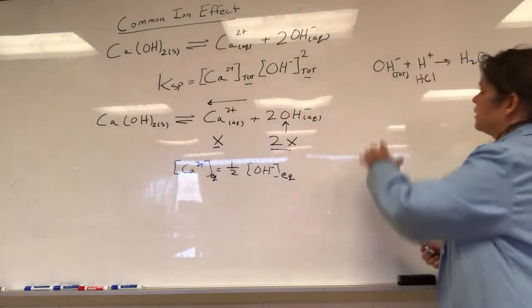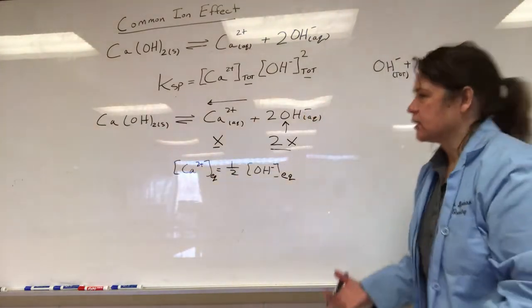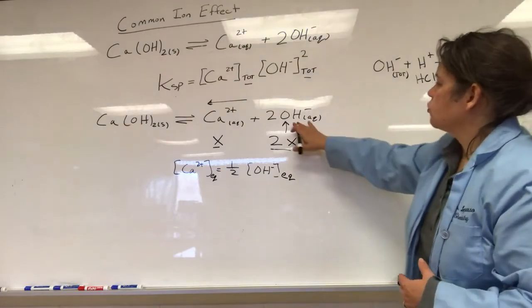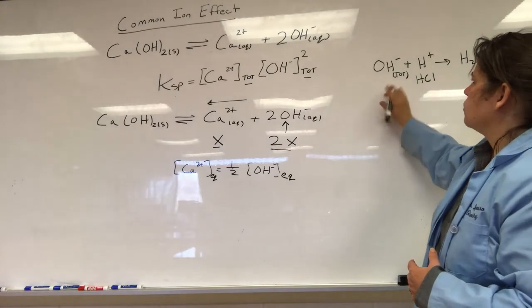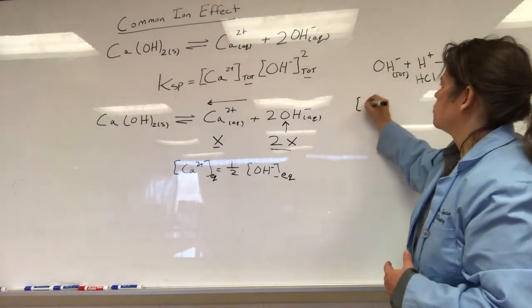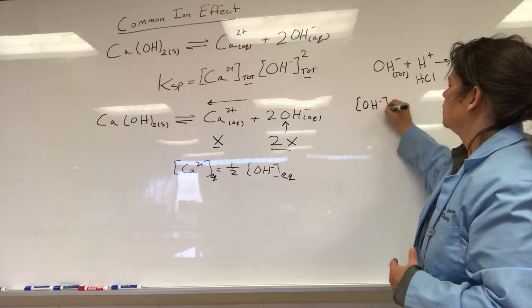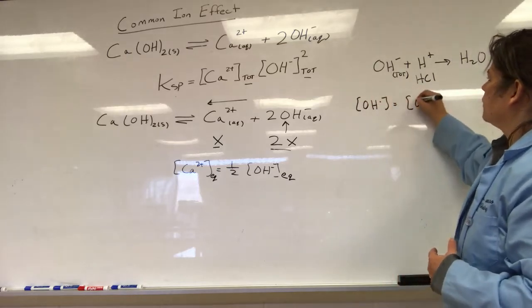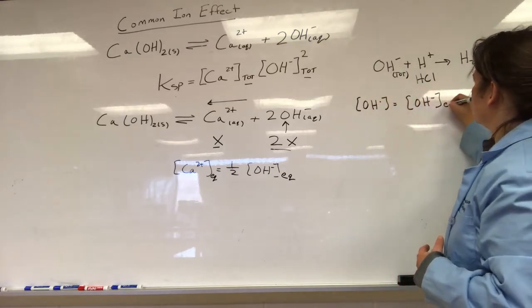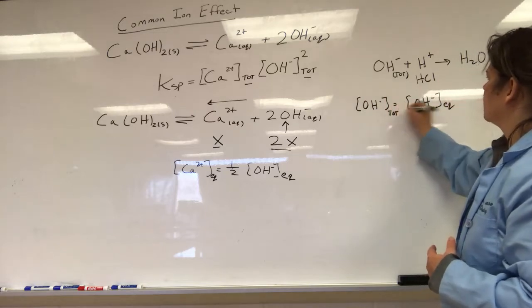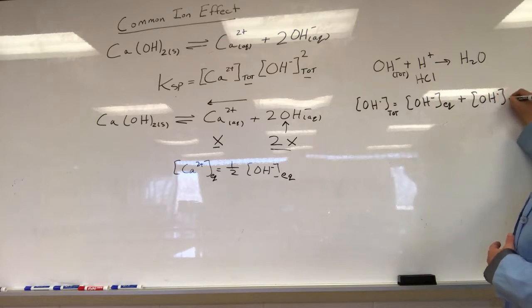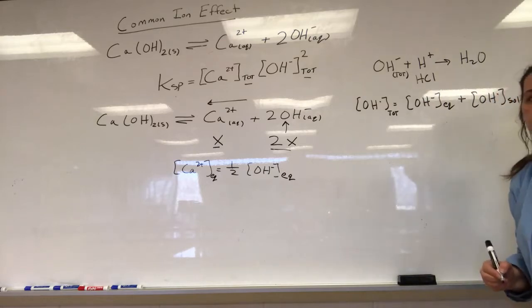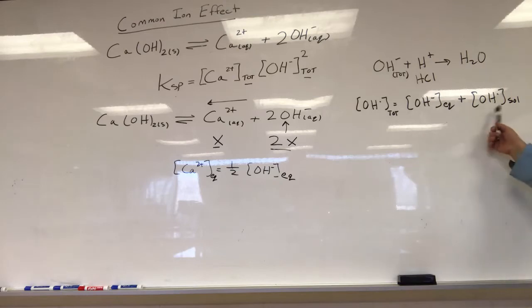The solution can contain some extra hydroxide, and it will also produce some hydroxide by the equilibrium. Those two things will equal the total hydroxide. So the total amount of hydroxide will equal the hydroxide from the equilibrium plus the hydroxide that's provided from the solution itself, the outside common ion.